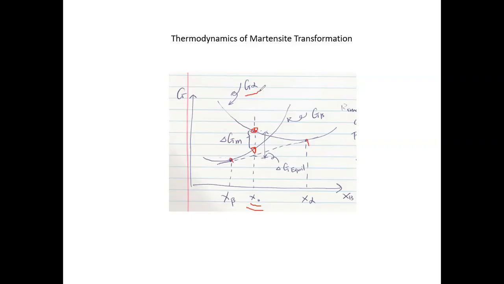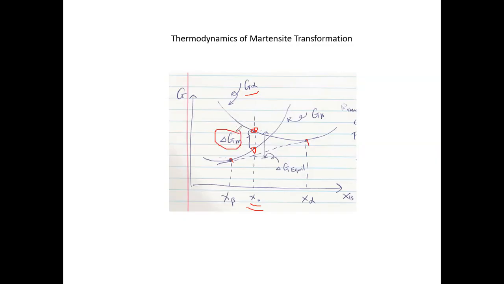Well, this is a good indication in the sense that I don't have to change my composition. I just need to, if possible, switch all the alpha phase into the beta phase, and I can keep the composition. I do not have to use diffusion. And by this transformation alone, without changing the composition, I can immediately reduce my free energy by this amount, which is not quite small, right?